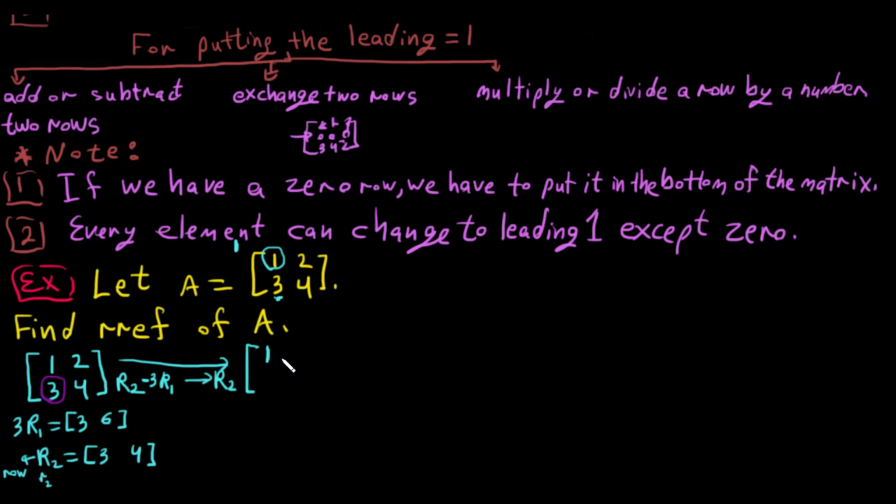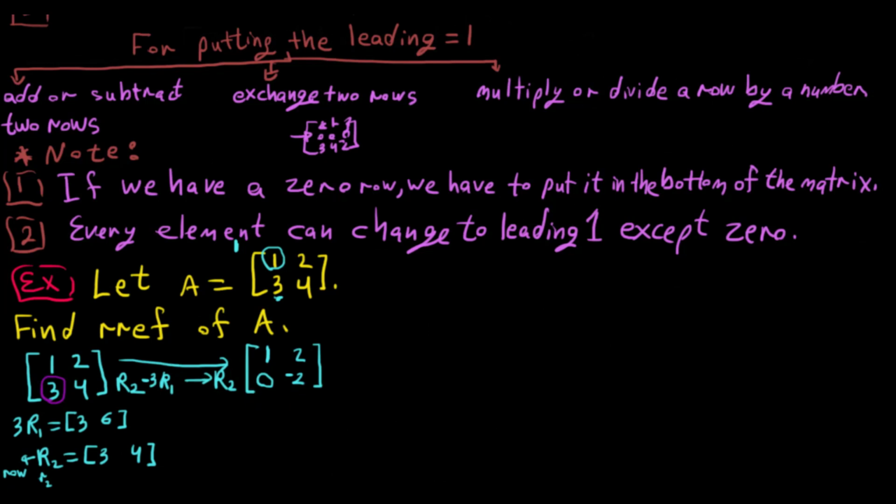We have to write it like this because we only want to change R2. R2 becomes R2 minus 3R1. So this guy minus this guy. 3 minus 3, 0. 4 minus 6, minus 2. Okay?